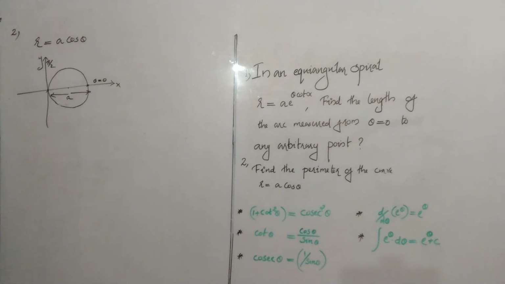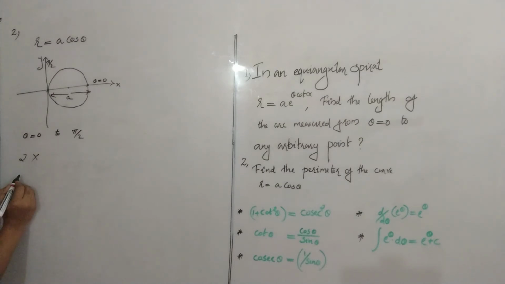So we can take the limit as theta from 0 to pi by 2 and then find the length from here to here and multiply that with 2, because these two parts are symmetric.